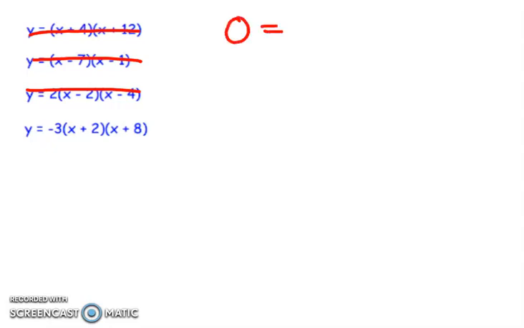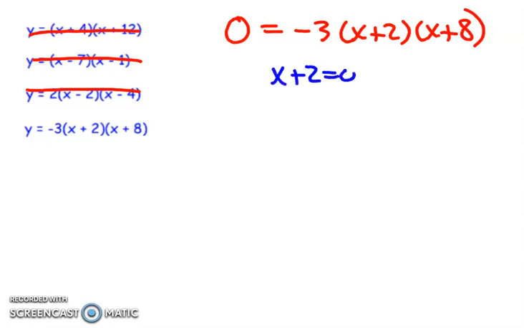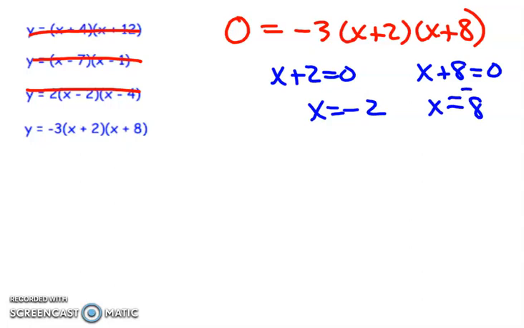So, like the previous problems, we're going to replace y with 0. So we're going to take the x plus 2, set it equal to 0, and the x plus 8, set it equal to 0. So the parabola is going to cross the x-axis at negative 8 and negative 2.